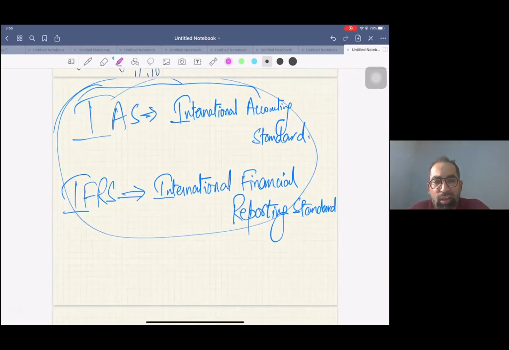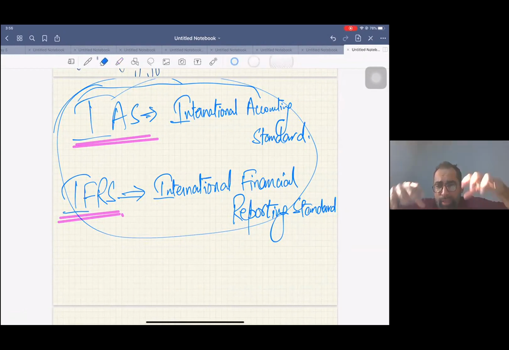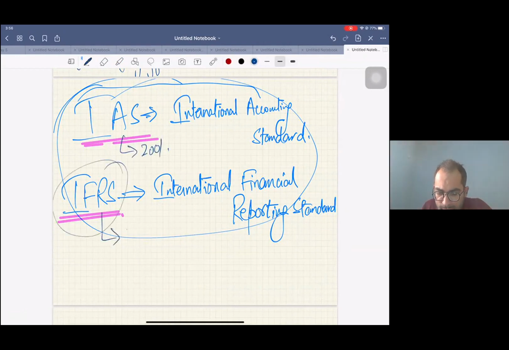I hope you remember this thing. This is in our course. There are IAS and IFRS as well. IAS stands for International Accounting Standards, and IFRS is International Financial Reporting Standards. Both are applicable in this world right now. Both are equally applicable, right? But what's the difference? The IAS are the standards launched before 2001, and the new standards, coming after 2001, are IFRS.